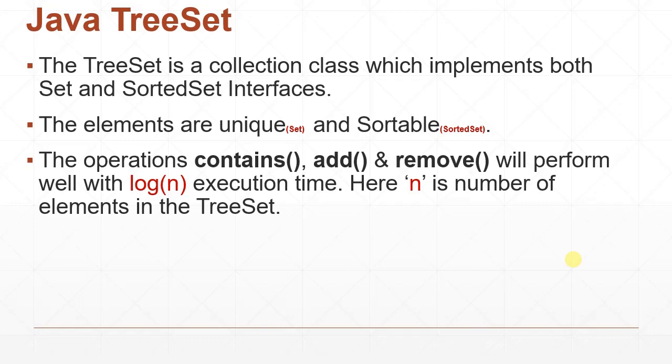So if the base is 10, that means if 10 elements take 1 second, 100 elements will take 2 seconds, and 1000 elements will take 3 seconds, and you can see the performance here. The real performance benefit you will see when the number of elements is high, when compared with an ArrayList or a LinkedList.